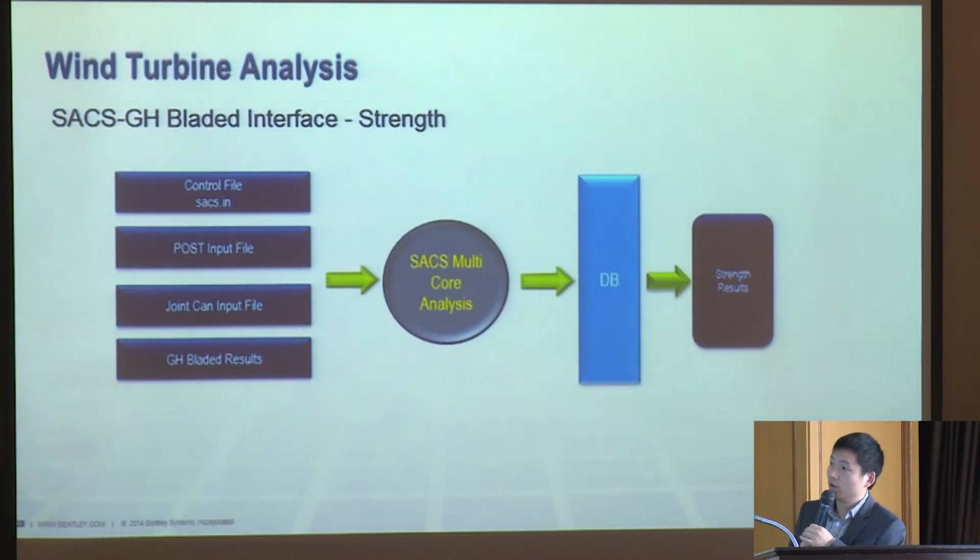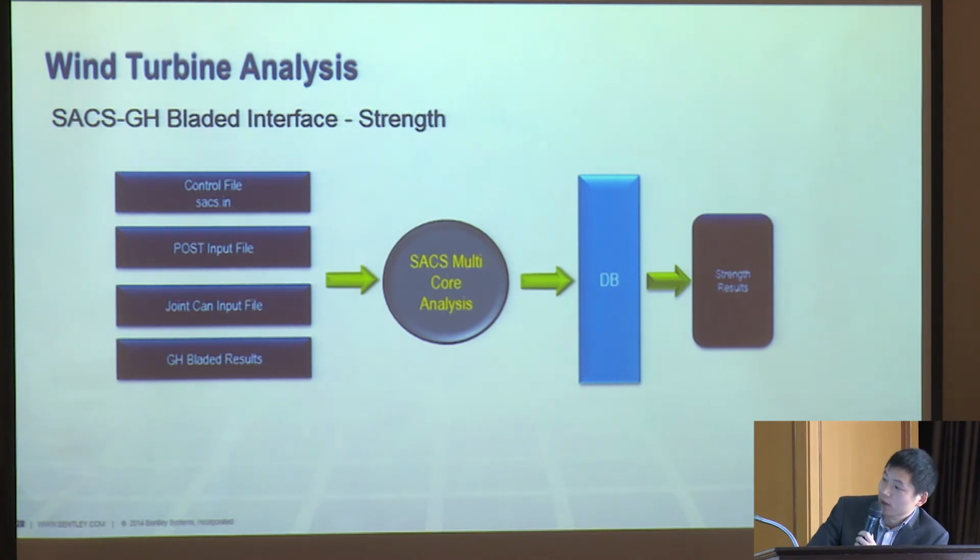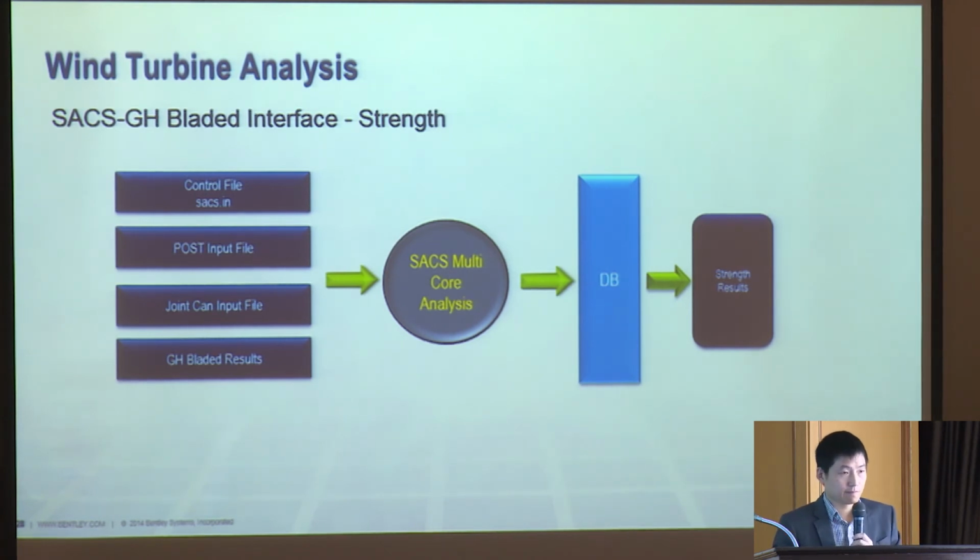And here is a workflow for the GH Bladed interface for strength analysis. 스트렝스 해석에 대한 GH 블레이디드와의 인터페이스를 보여주고 있습니다. You just need to prepare a control file, a post input file, a joint can input file, and get all the Bladed results ready. 여기 앞단에 있는 컨트롤 파일, 포스트 인풋 파일 등등을 이렇게 준비를 하고요.